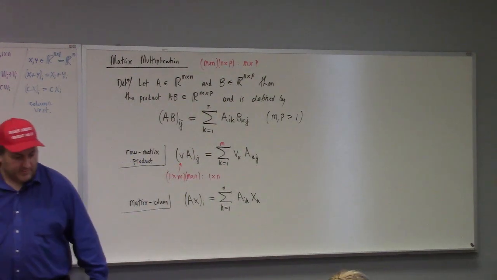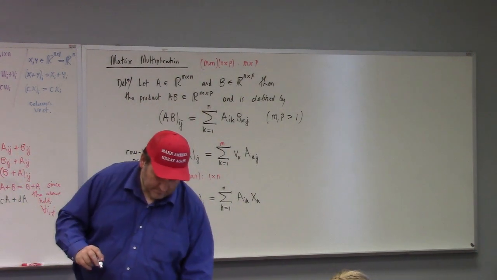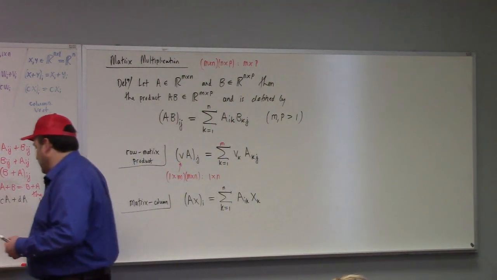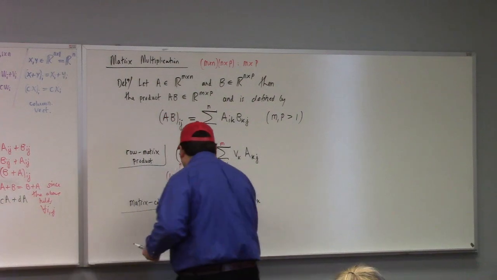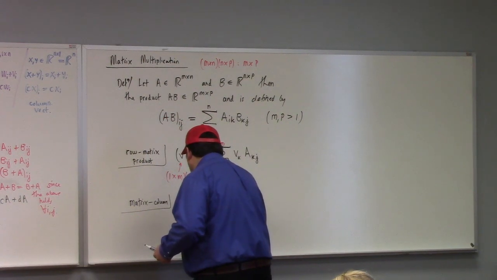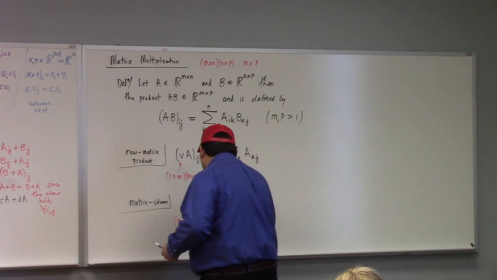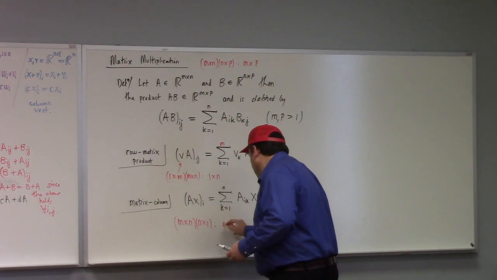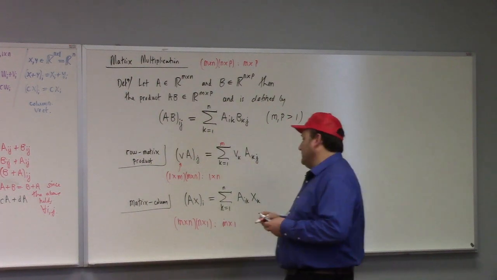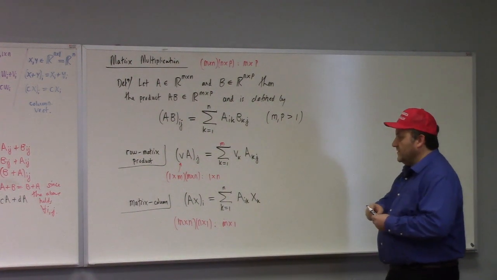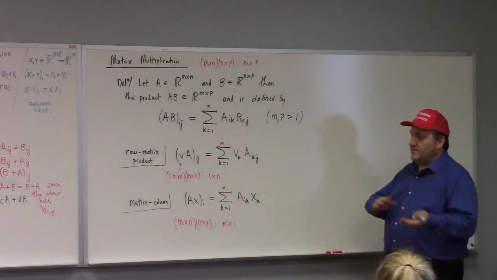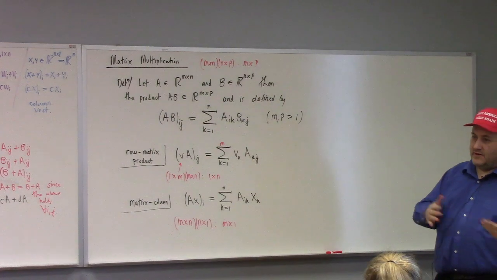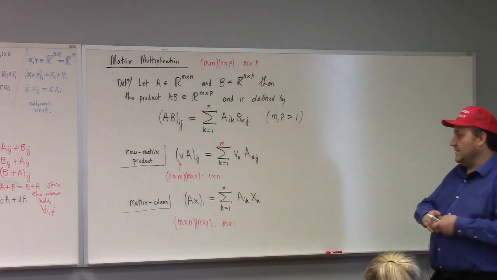That's a matrix column product. Again, just to keep track of the counting, I have m by n times an n by 1, and that's going to give me another m by 1. So let me just put it in words: the row matrix product is a row. The column matrix product is a column.